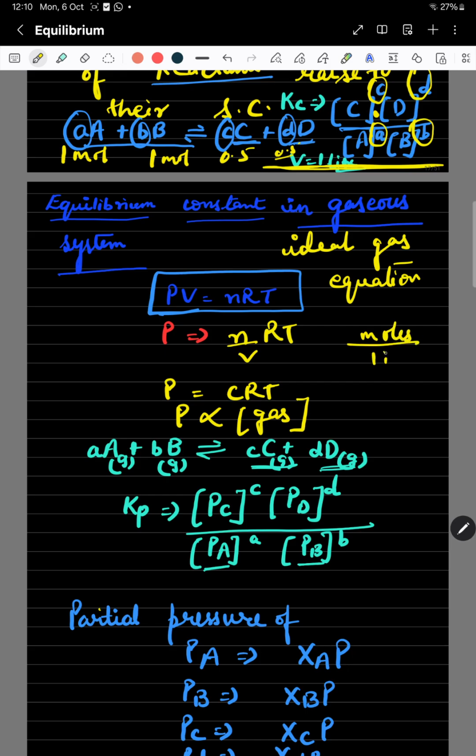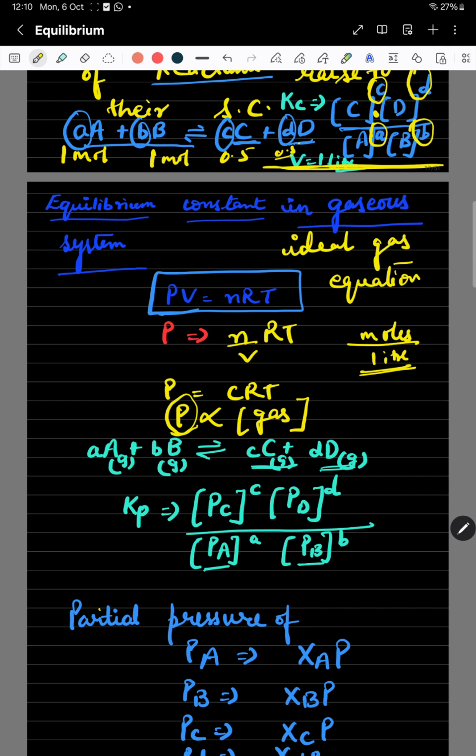Moles per liter represents your concentration. So P equals CRT. Your pressure of the reactants is directly proportional to the gas concentration. The pressure of the gas is directly proportional to the gas concentration. You can express it in this term also.